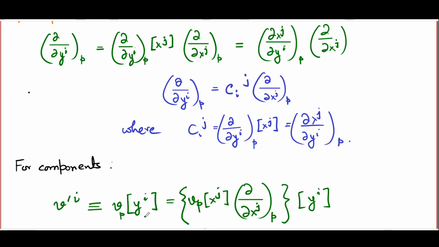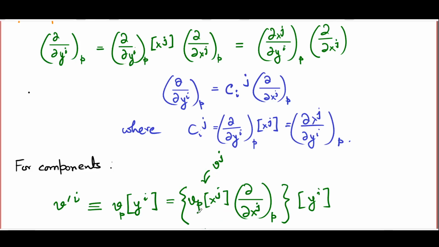So Vp acting on yi. However, we already know that Vp, the vector, is Vp acting on xj times del del xj at p. This Vp acting on xj, these are nothing but our old components, that is, something which we would write in a physicist's language as Vj.